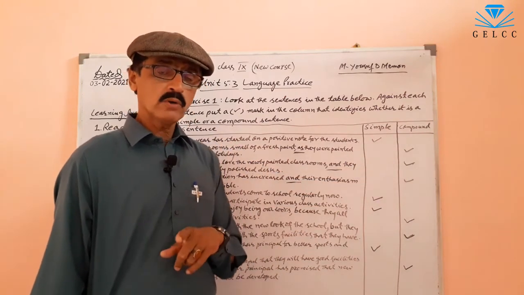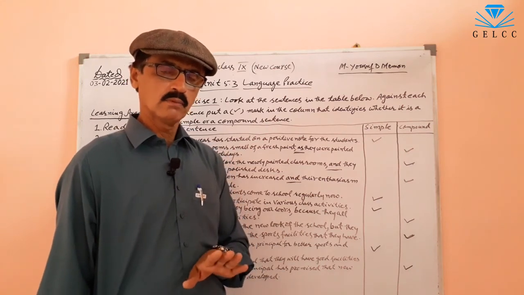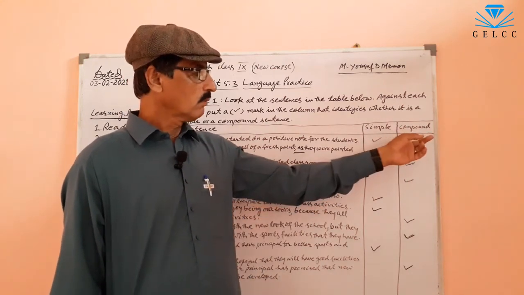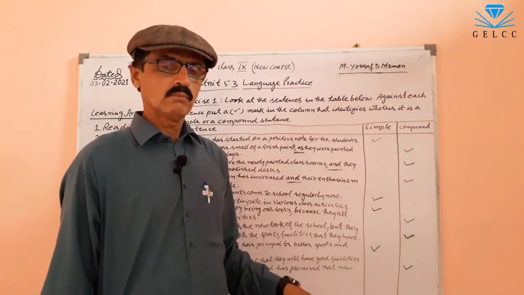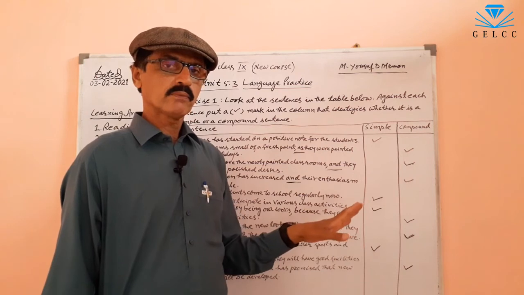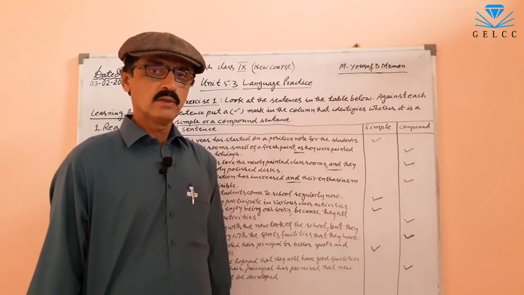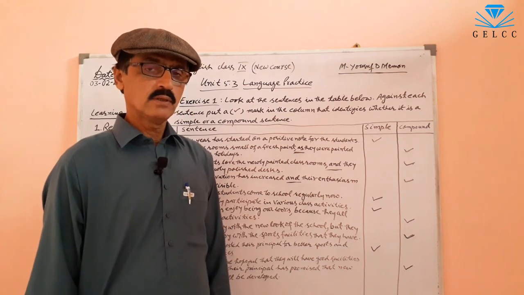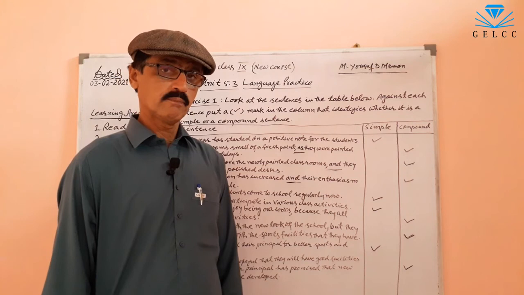A compound sentence has two or more independent clauses. All the clauses are independent. It can be a combination of two or more sentences, but all the sentences will be independent. But in a complex sentence, all the clauses will not be independent.